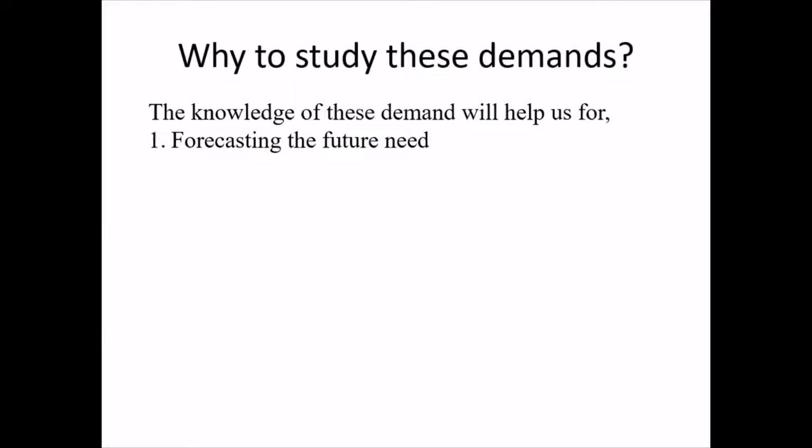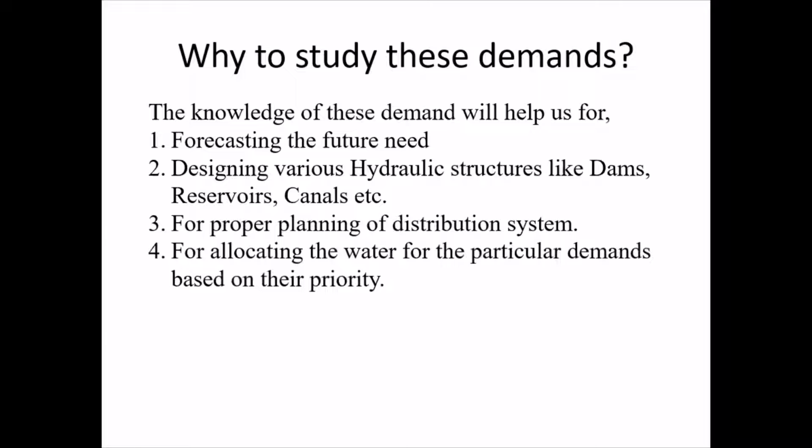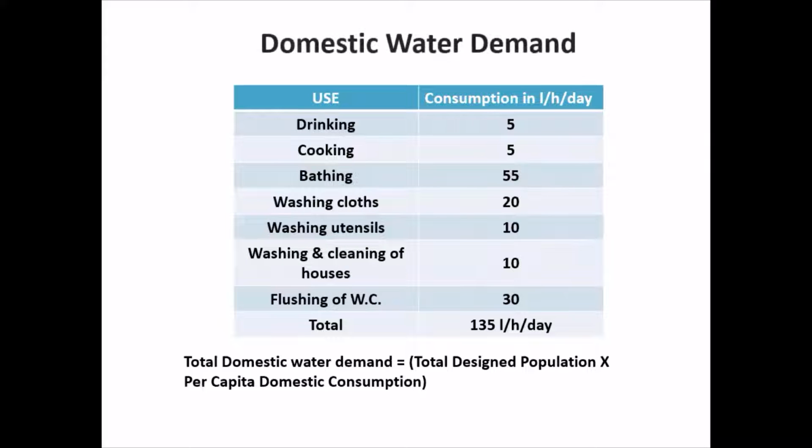Knowledge of these demands helps us forecast future needs, design hydraulic structures like dams, reservoirs and canals, plan the distribution system properly, and allocate water for a particular demand based on priority.